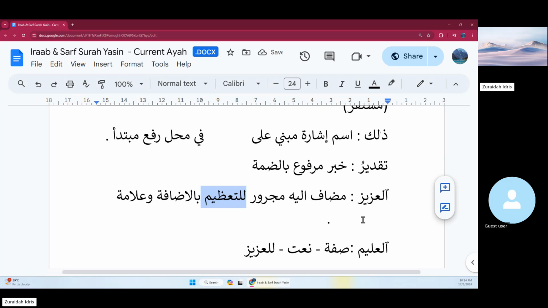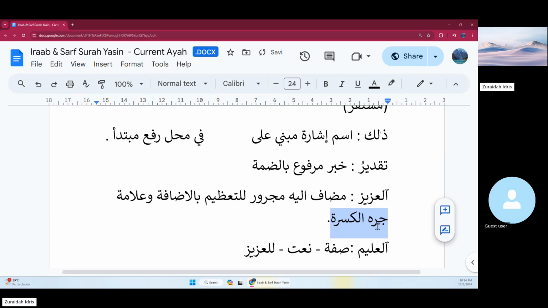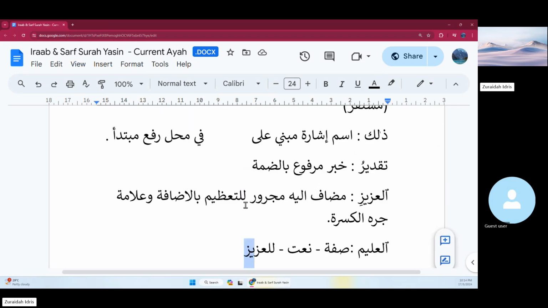And this is mudaf ilay, and of course it is jar with the sign kasra. But there is this one that says it is the sifa of Aziz, which I do not like. I don't quite agree to this. So I rather have this as the second sifa. Sifa sani of ta'zim.